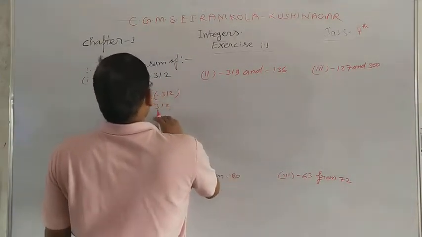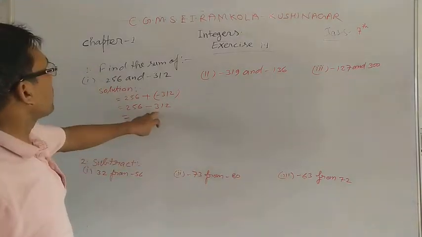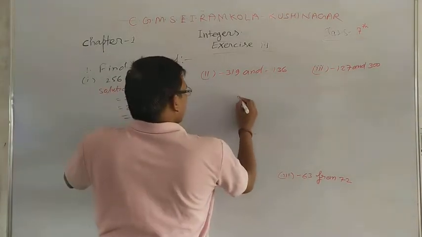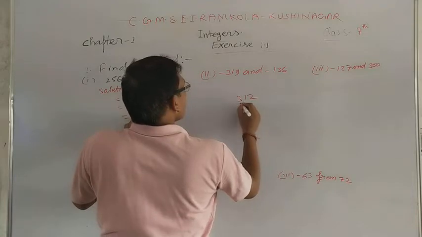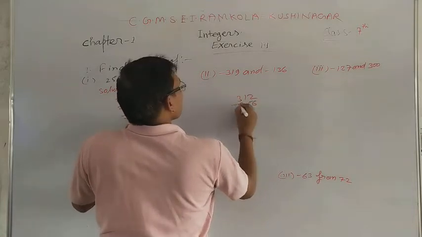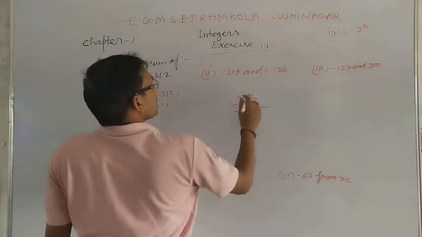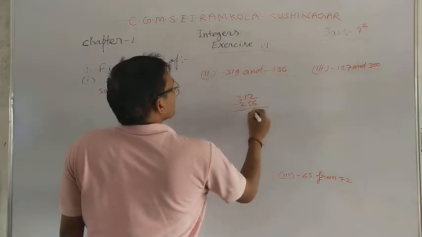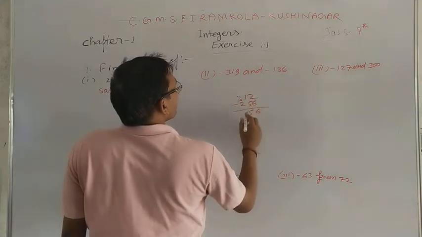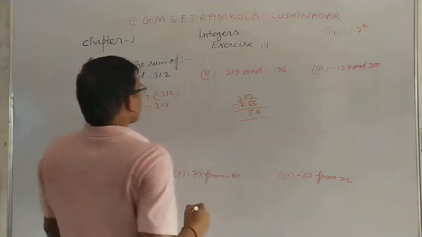First of all, we take 312 on the upper side, and minus 256 below it. 6 minus... here 56.